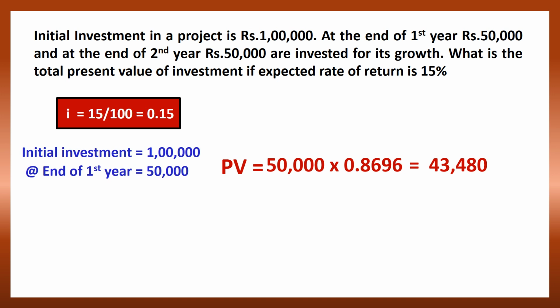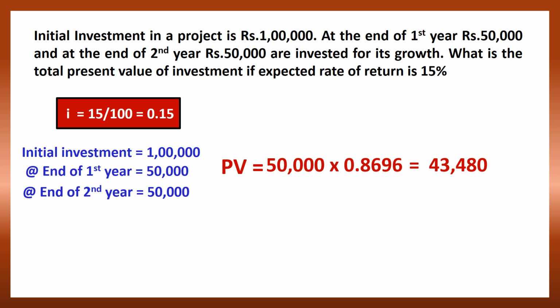Now coming to the 50,000 invested at the end of second year, the same column we have to choose in the present value factor table because the percentage is not changing. It is 15 percentage itself. So 15 percentage column we have to select, and instead of the first year row we have to select the second year row.